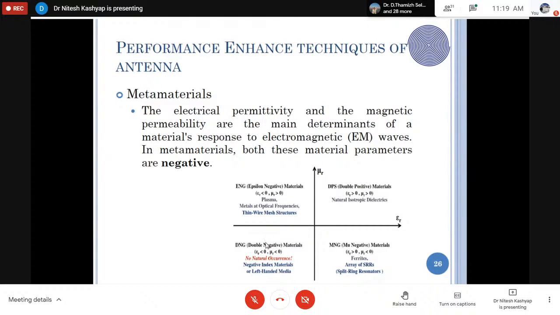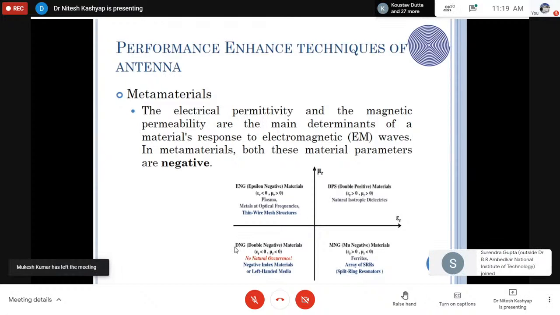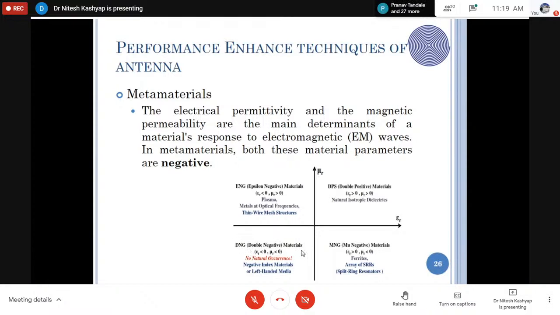And in the third quadrant we can see the double negative material. The double negative material has no natural occurrence.